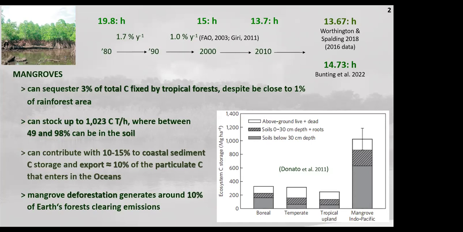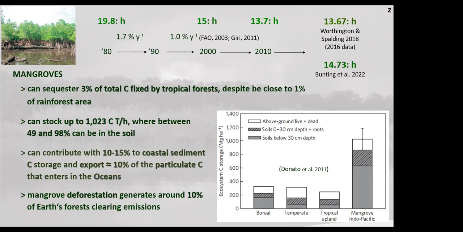So mangroves can stock huge amounts of carbon, more than 1,000 tons of carbon per hectare, representing only 1% of the total forest area.